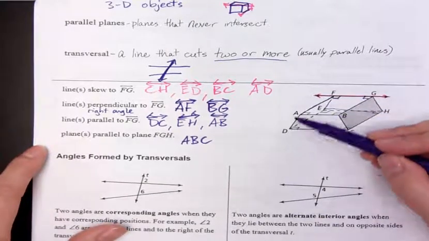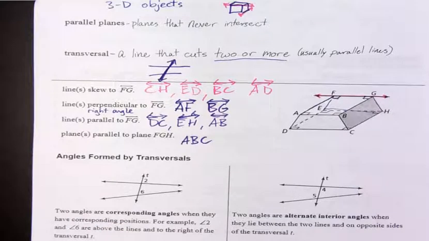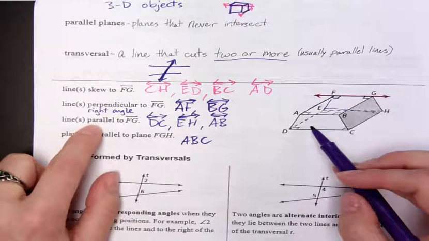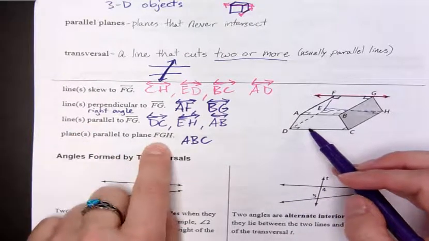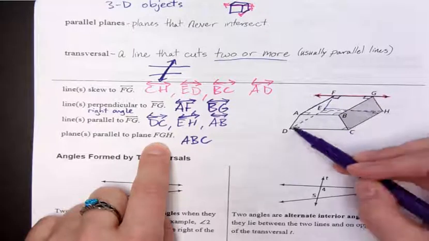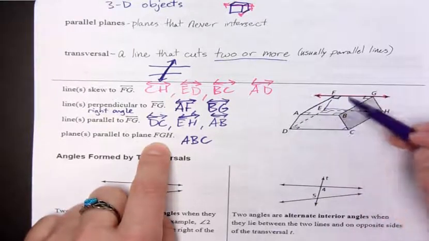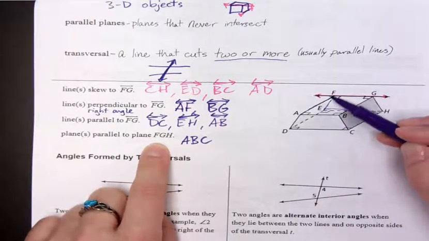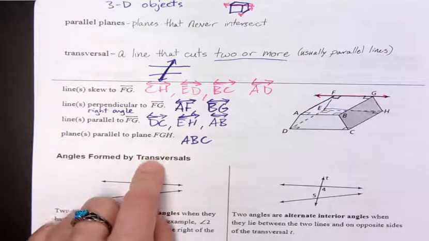Or you could label it DAB, you could label it whatever you wanted. Wait, so if this is parallel, one of them, DC, is parallel to AB? Yeah. For the lines, yeah. So then this one came to a plane, which is 3 letters, and so the whole surface ABCD is parallel to FGHE, but we label planes with just 3 letters.